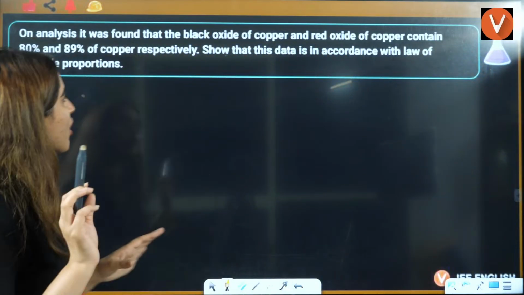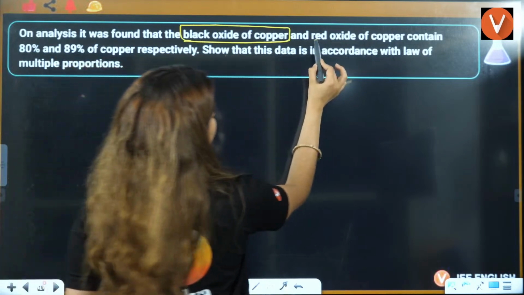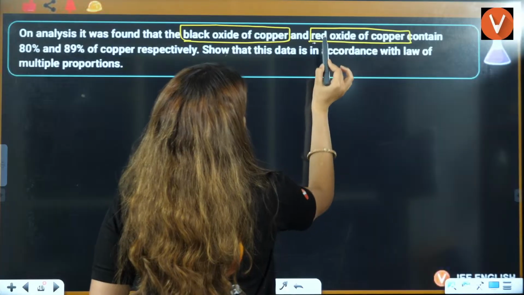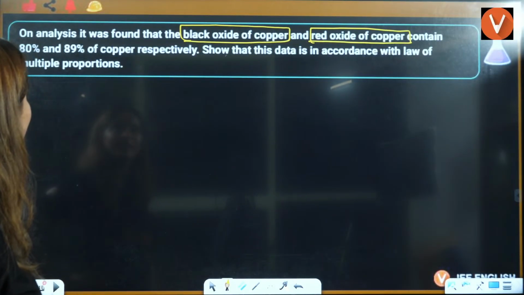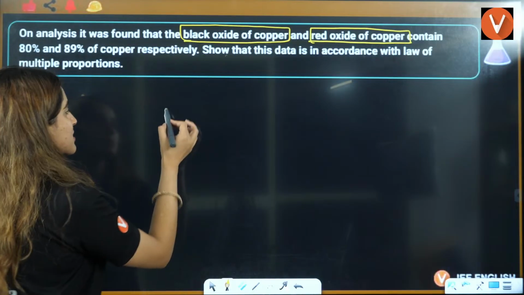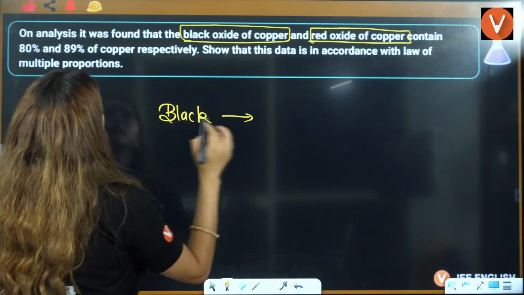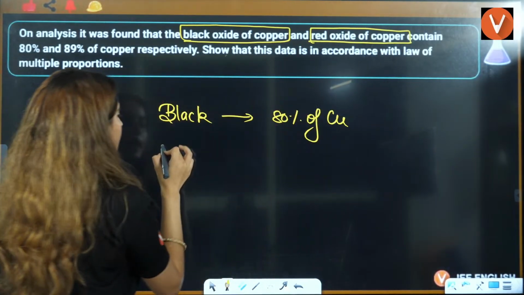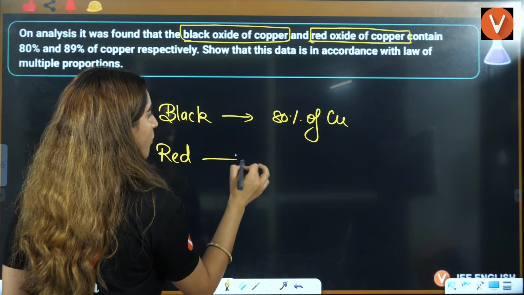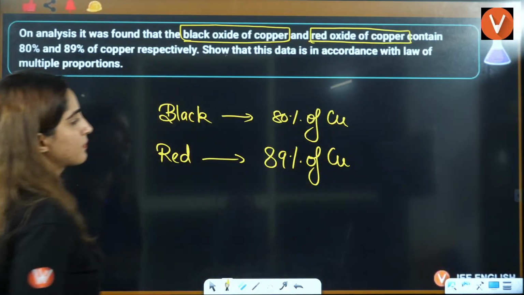Black oxide of copper contains 80% of copper, and red oxide of copper contains 89% of copper.